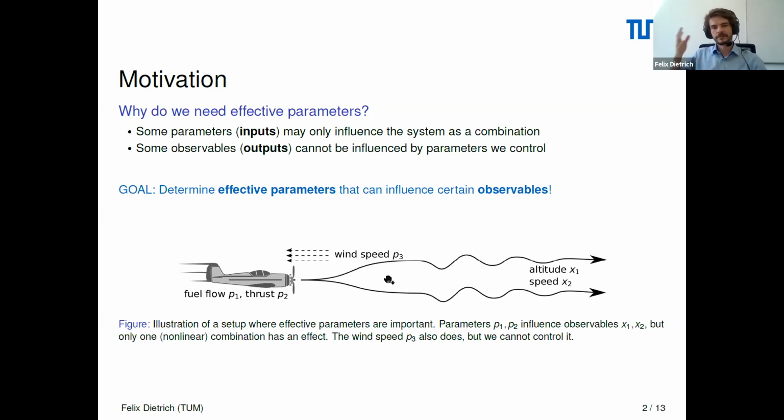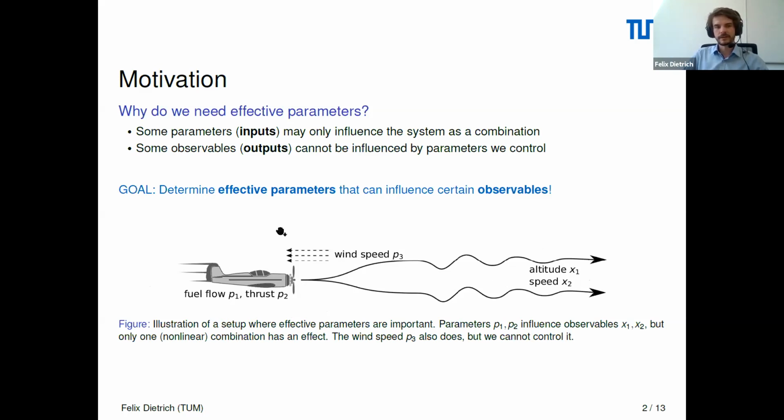And then as observables or outputs that we can observe once we set all these parameters are, in this case, altitude and speed. And you can already see, as I've said, only a combination of fuel flow and thrust actually affects altitude and speed at the end. And also, of course, there is this unknown or at least uncontrollable wind speed parameter P3 that nonetheless affects altitude and speed.